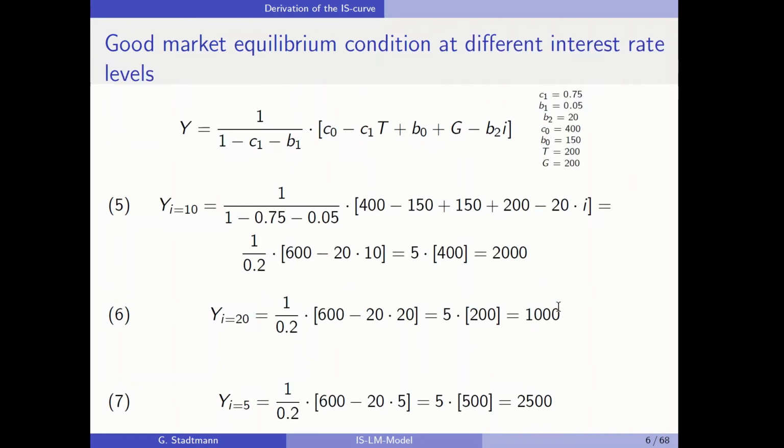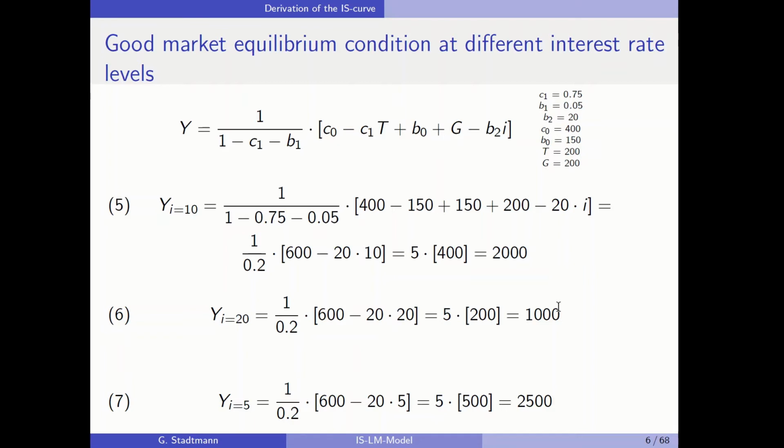Now we can once more check how large the equilibrium level of income is, and we are using our numerical example. C1 is equal to 0.75. This was also the case in chapter 3. B1 is a new parameter.